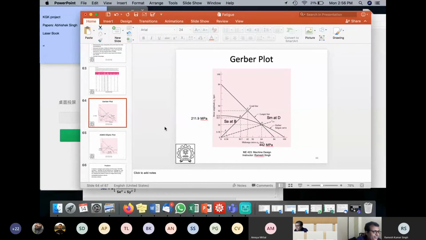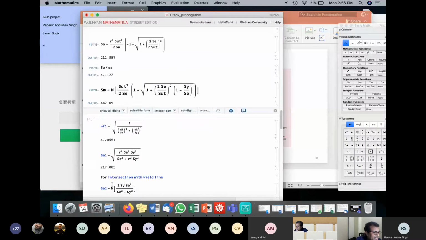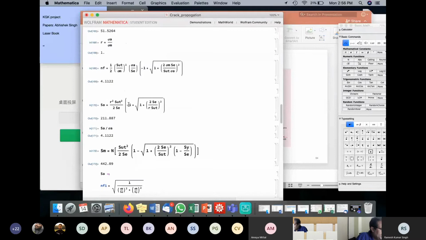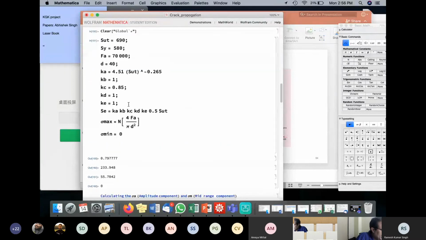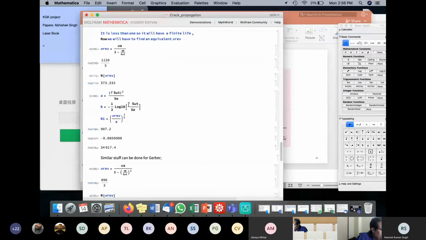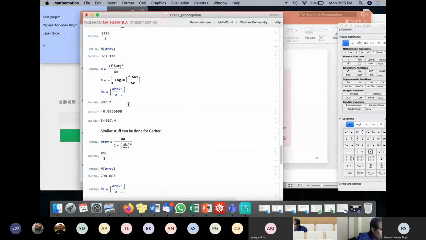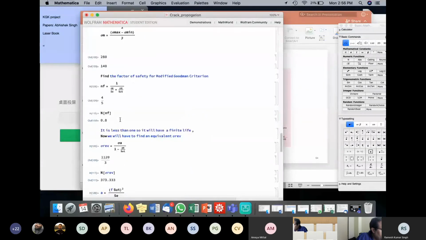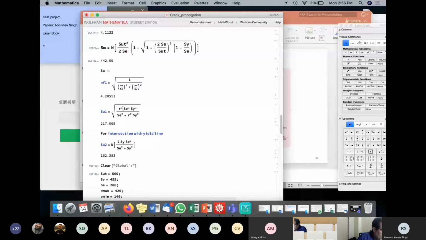So SA will be equal to Sy minus Sm. Let's find it out.